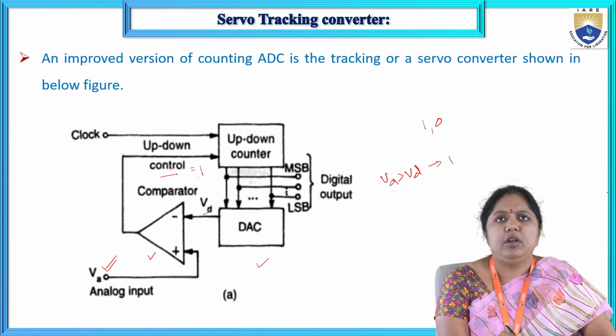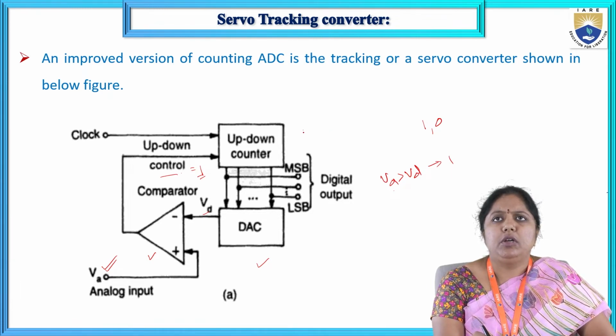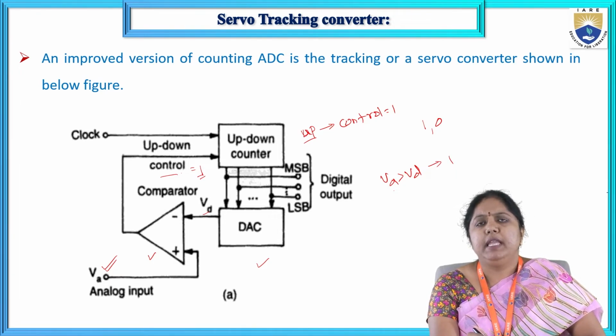When the control input value equals 1, we directly give the clock pulse, and the up-down counter will count up. It will act as a binary up counter, meaning the corresponding binary value will be increased by 1.